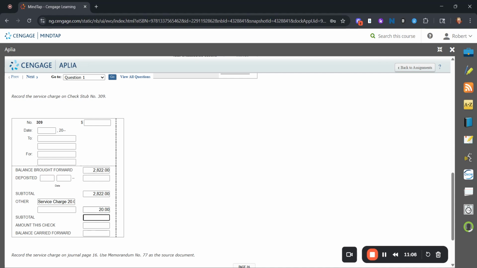Now we have to deduct that service charge from the brought forward balance of $28.22, so $28.02. Now our checkbook check stub balance is up to date, so we're ready to write that next check, which is not shown here.